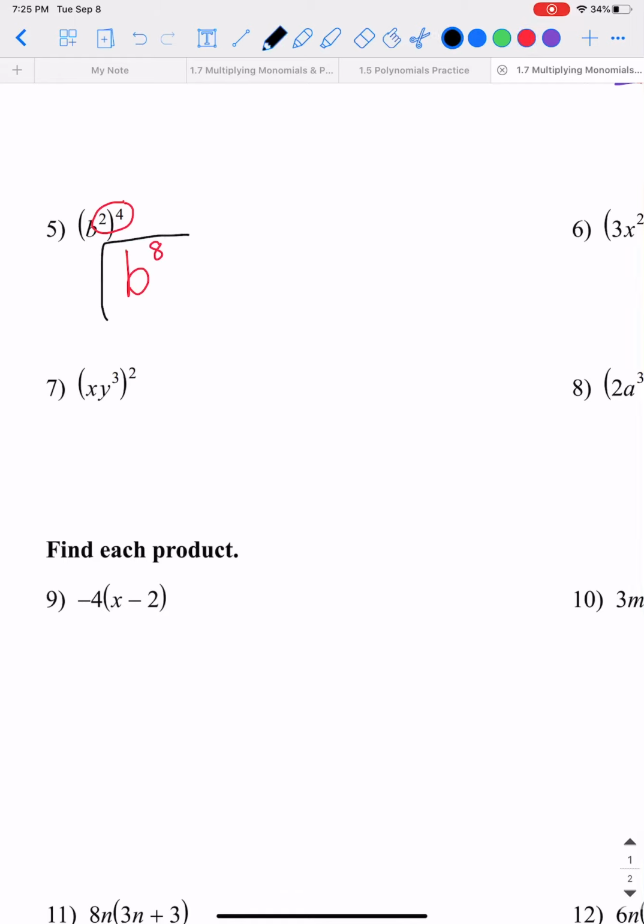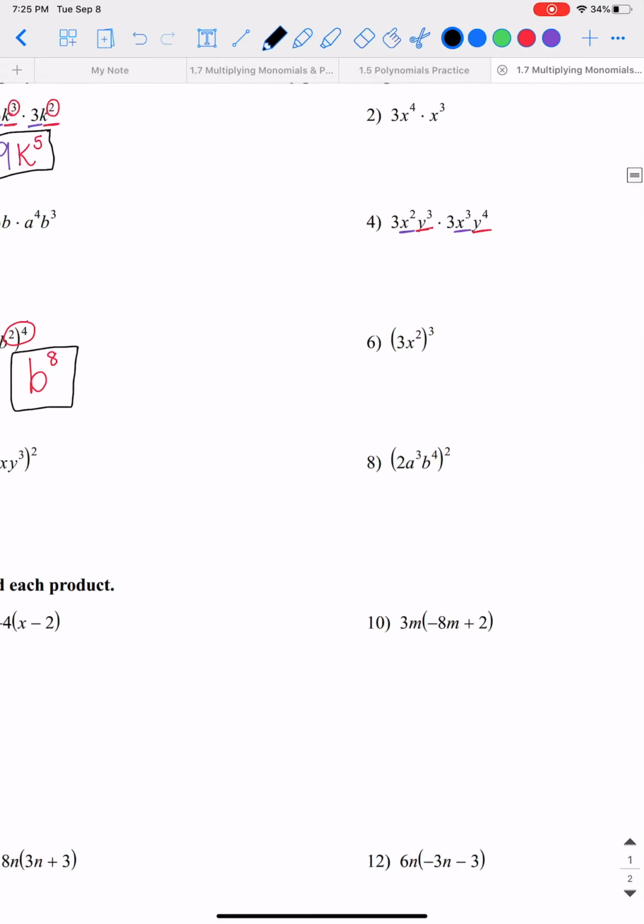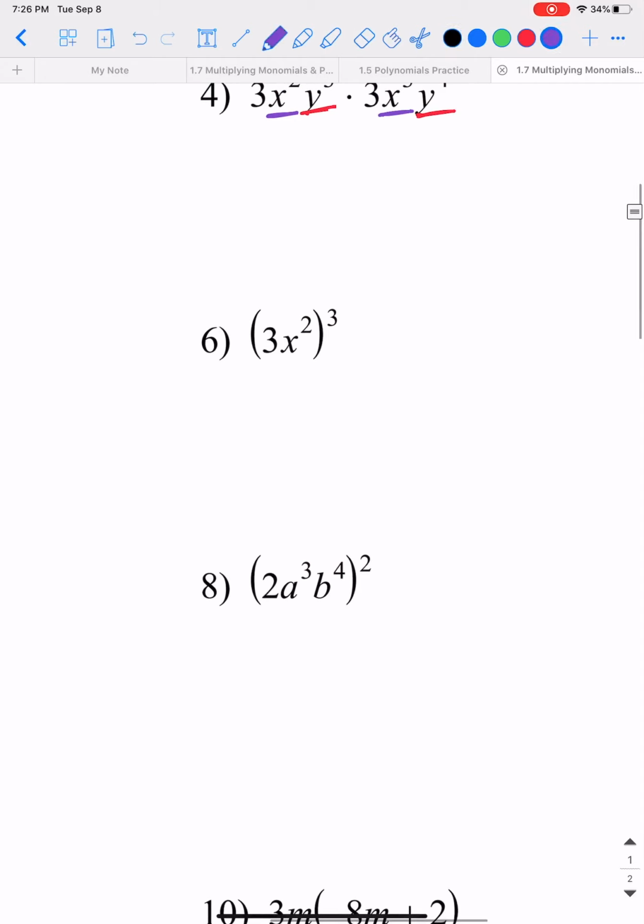So my final answer is b to the 8th power. The only other thing you have to be careful with on these types of problems is that if there is a coefficient different than 1 out front, meaning there's a number in front of your variable, you have to also raise that number to the exponent outside of the parentheses. This has to be distributed to both pieces here.